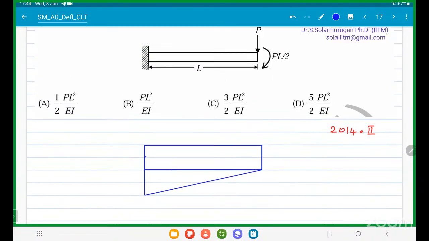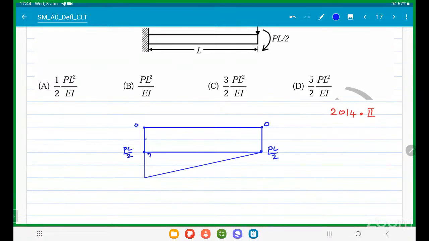BMD. This is 0. This is PL by 2. This is PL by 2. 0. What is this gap? P into L, right? So PL. This gap is PL. It means this point is equal to PL plus PL by 2, that is 3 by 2 PL.